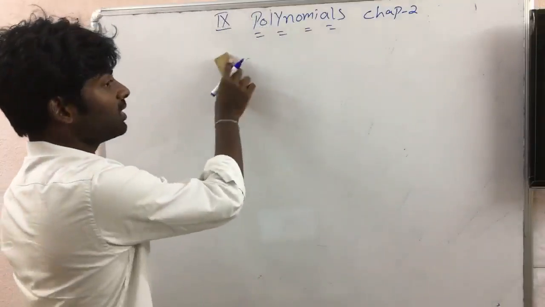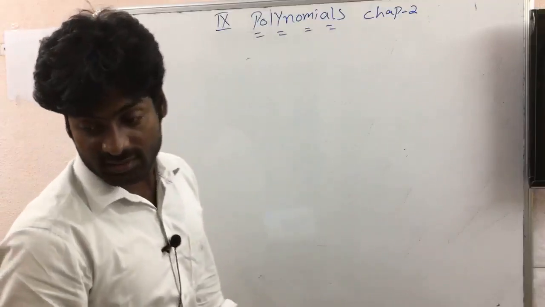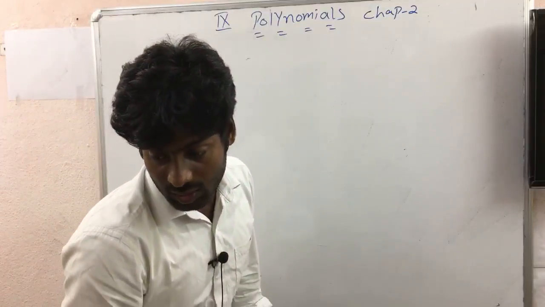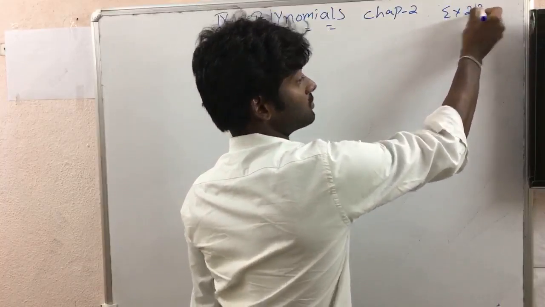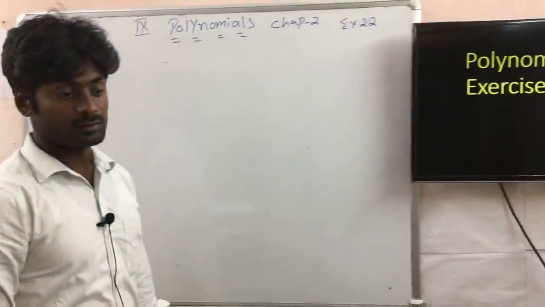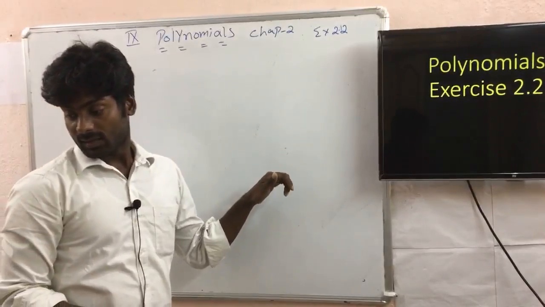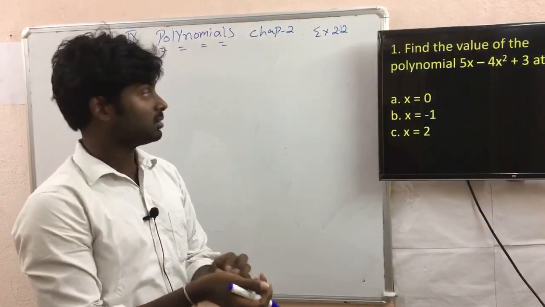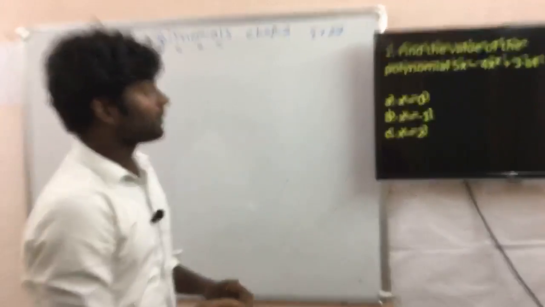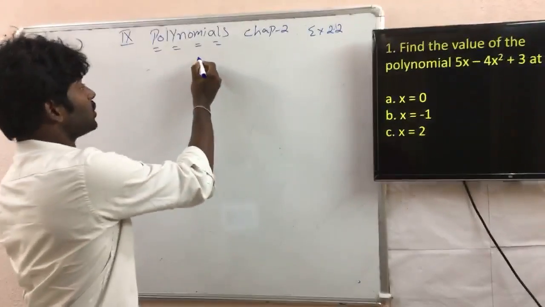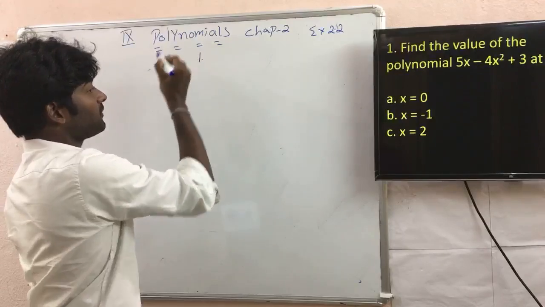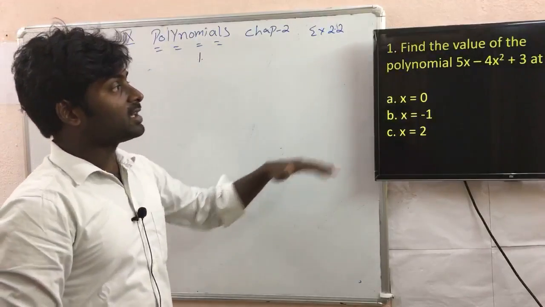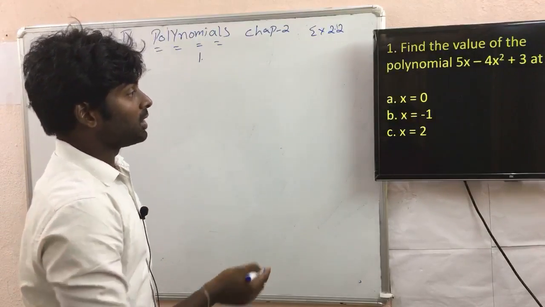Now we can move to chapter 2, exercise 2.2. Okay, Shivam, exercise 2.2. Okay, ready? Very good. So exercise 2.2, chapter 2. First sum, find the value of the polynomial.